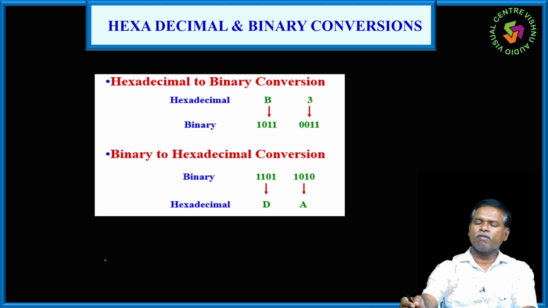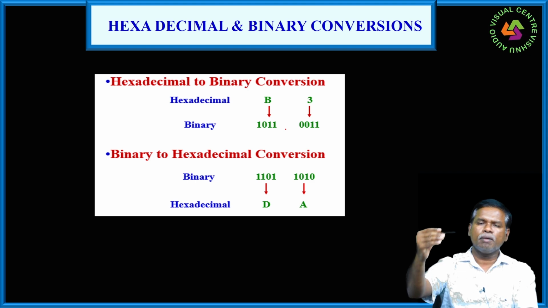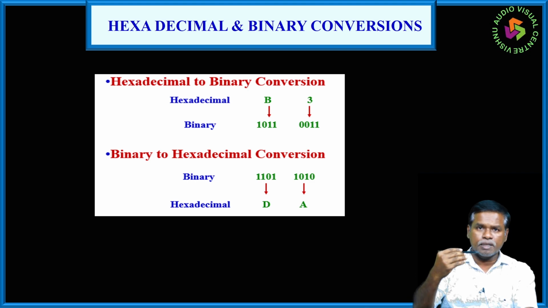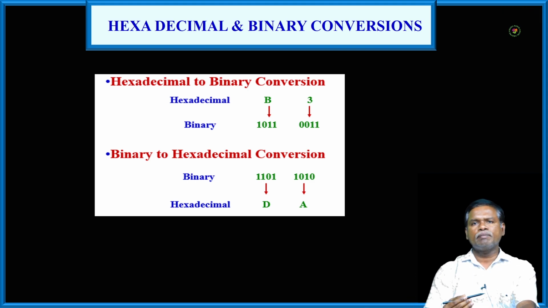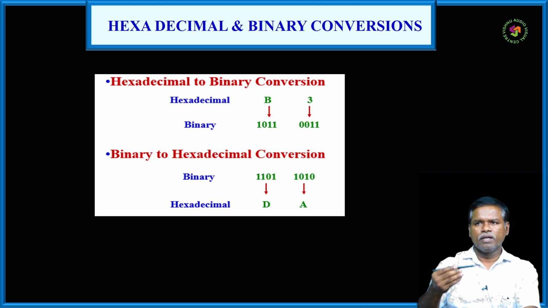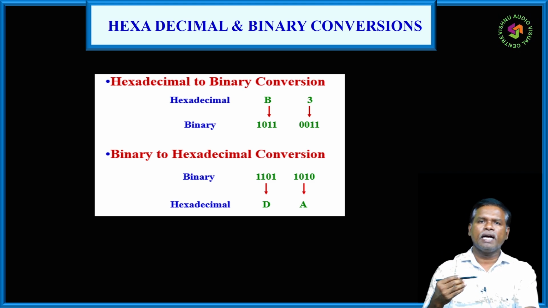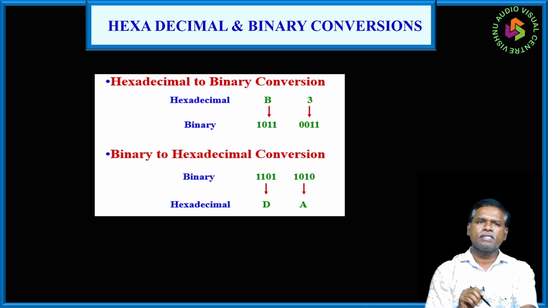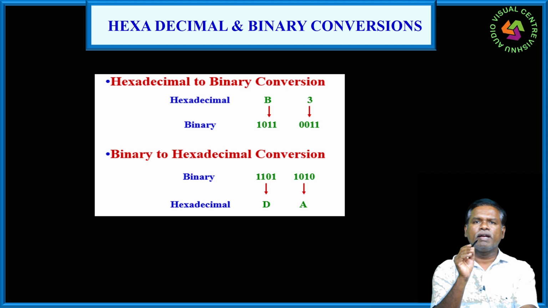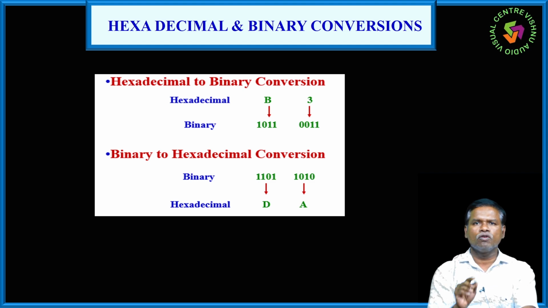For the binary equivalent, we use 4 bits. Why? Because the highest symbol in the hexadecimal number system is F, and representing F requires 4 bits. So in any hexadecimal representation, for every symbol or digit we use 4 bits.